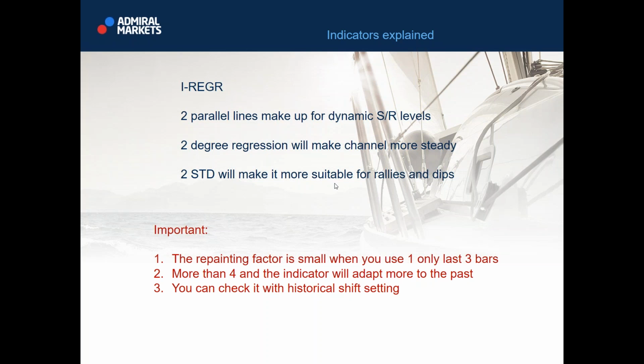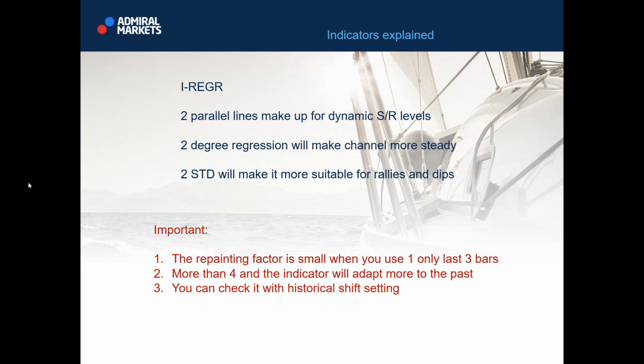Regression is an adaptive channel. So that means that you can see repainting. But repainting is not seen when you use 2-degree regression as we will do it. If you use 4 or 5-degree regression, this indicator will have more curves, but it will adapt more to the past, so you will have problems when you go back in history and check how it behaved.